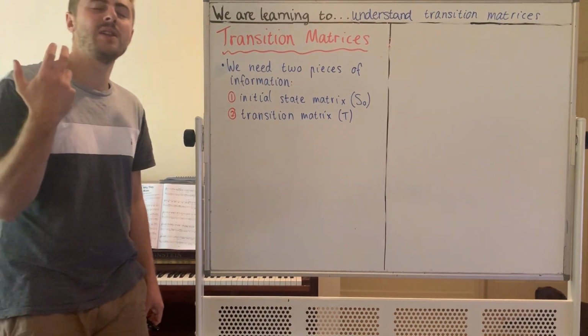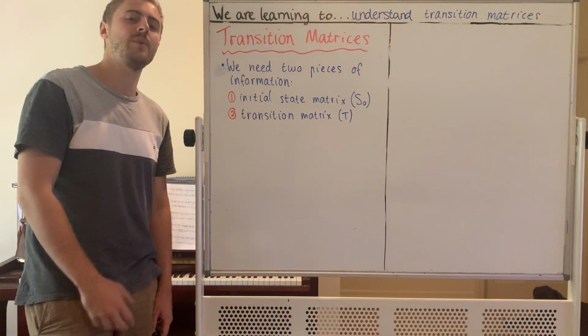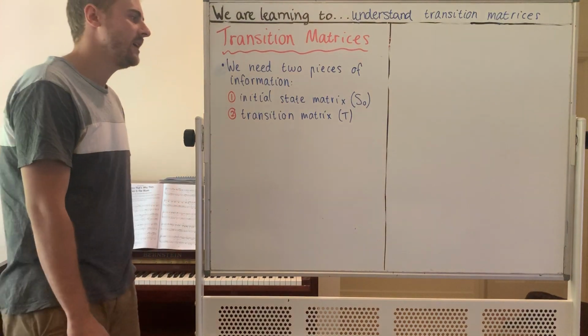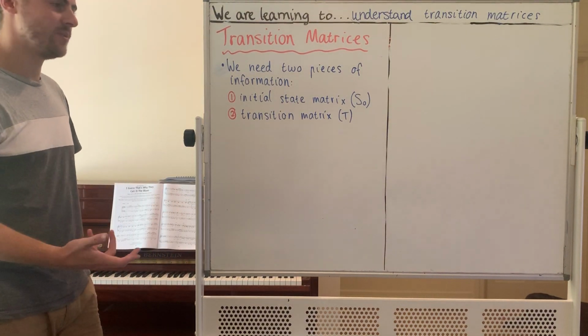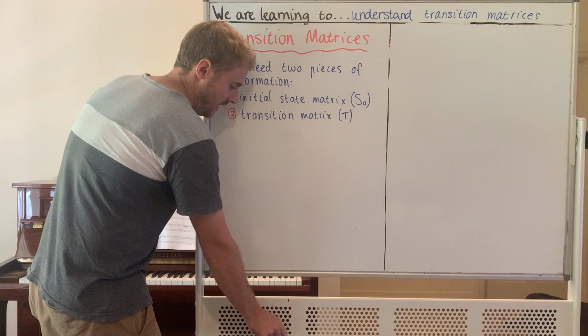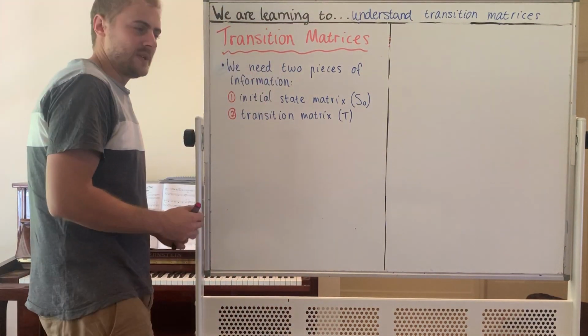Alright, so a lot of these ones are worded problems, so we are going to be going through a couple of those and being able to actually work out the information. First example we're going to do is a network.